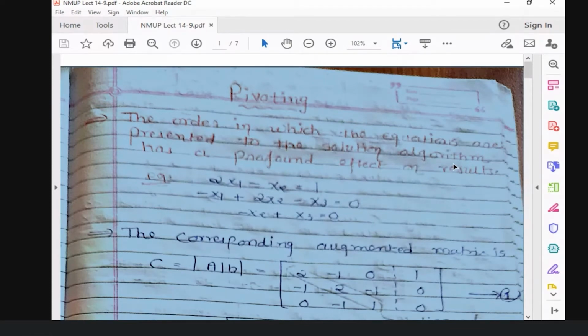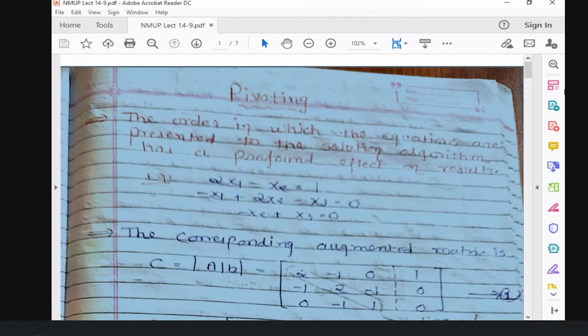So pivoting is nothing but this: the order in which the equations are presented to the solution algorithm has a profound effect on the result. Now, what do you mean by this? Say a set of equations is given to you, and sometimes, if 3 or 4 equations are there and we write them in the same manner, we get a different answer.